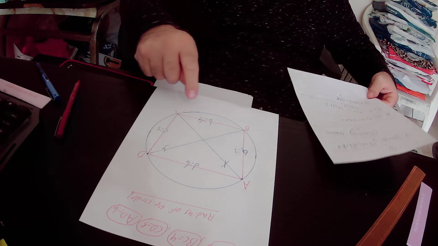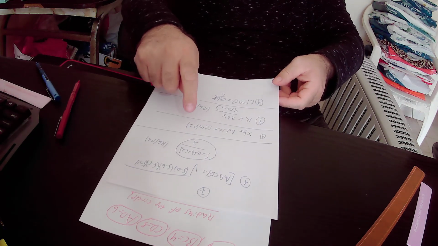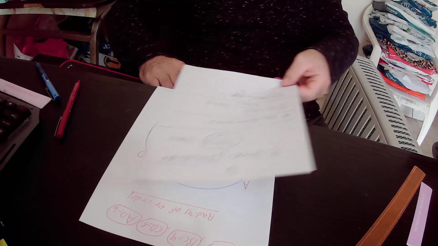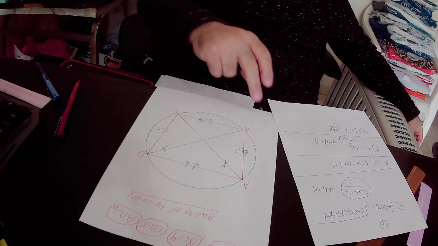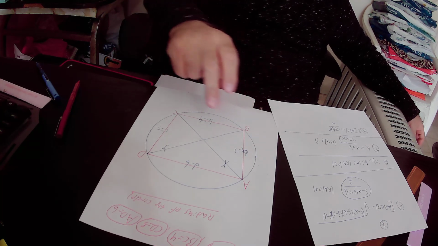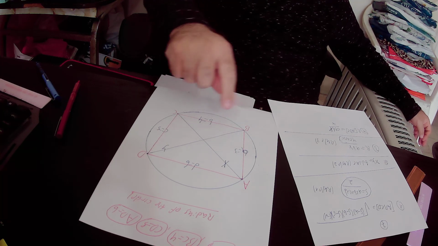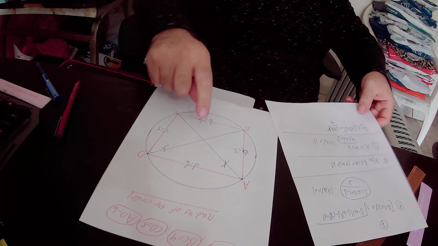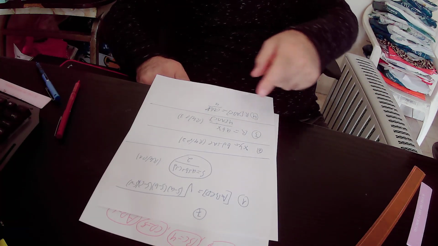A equals 3, b equals 4, c equals 5, and d equals 6, and s equals (a plus b plus c plus d) over 2. Okay, and we also have rule number 2: if we have a quadrilateral that is inscribed in a circle like in this drawing, the product of its diagonals, that is to say x times y, equals the sum of the products of its opposite sides, which equals BD plus AC. So x times y equals BD plus AC.